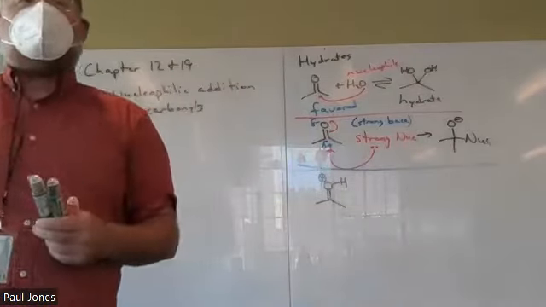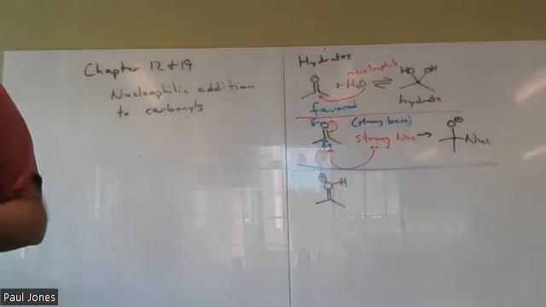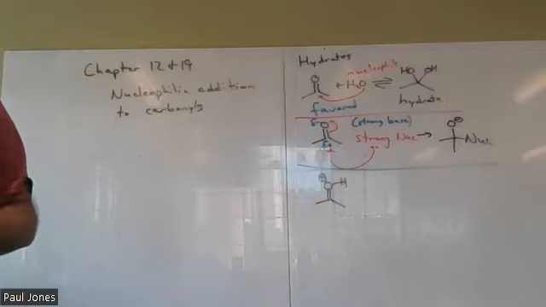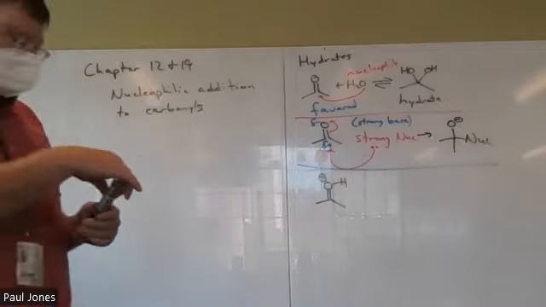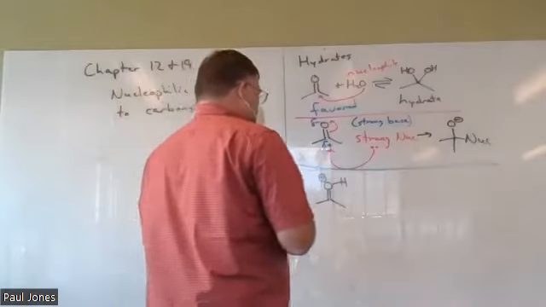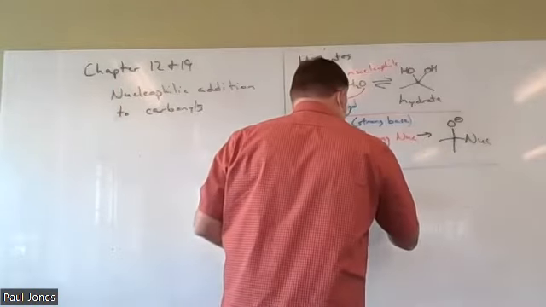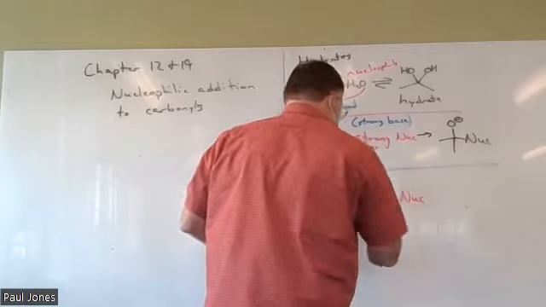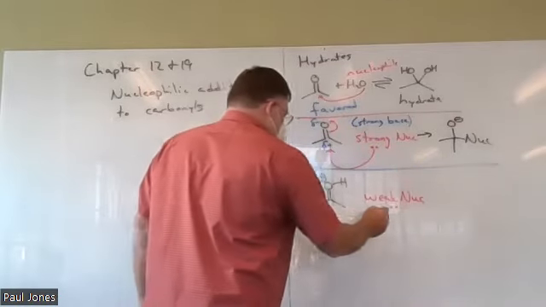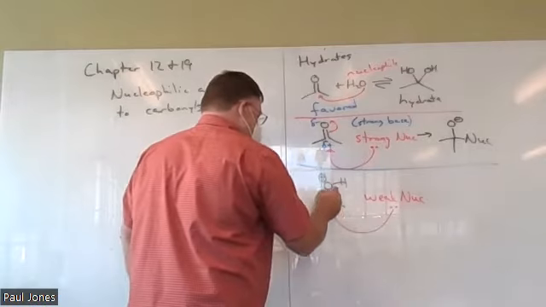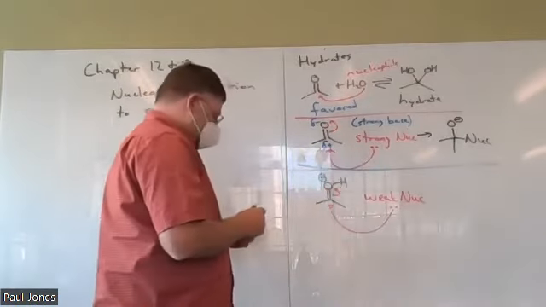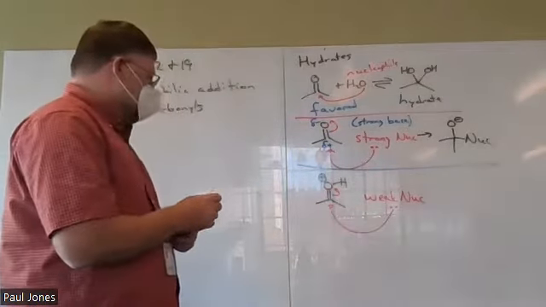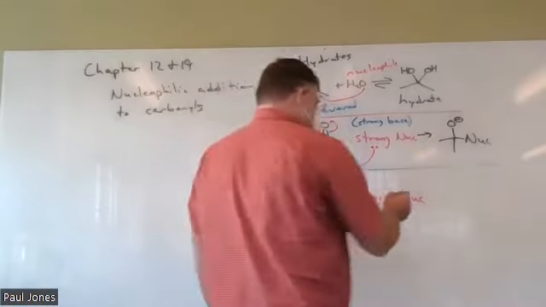All right, if you protonate the carbonyl first, that makes the carbonyl much more electrophilic. So now you don't need a strong nucleophile. You can have a weak nucleophile. It's still got to have some electrons, right? And so that will, again, attack the carbon.